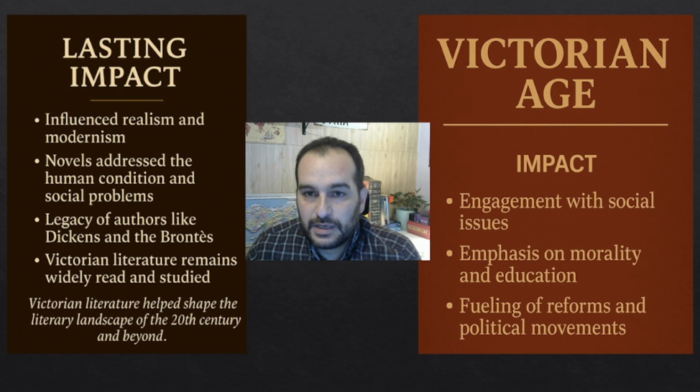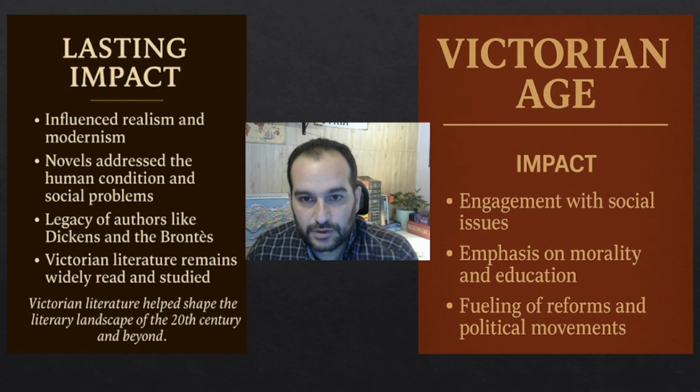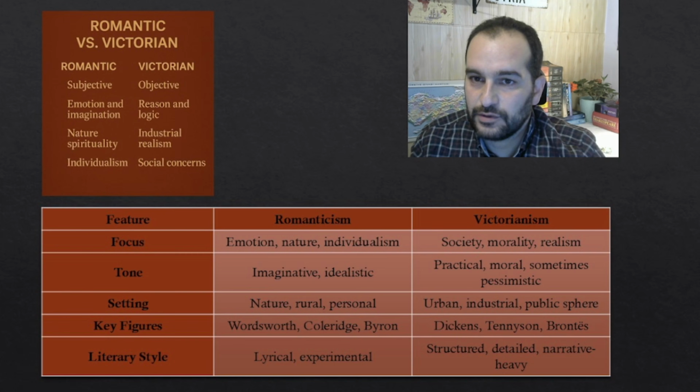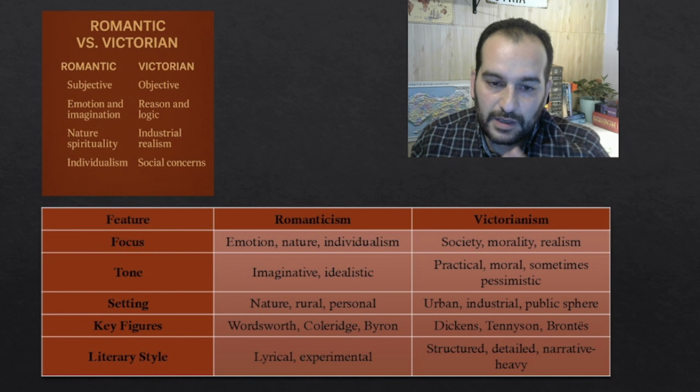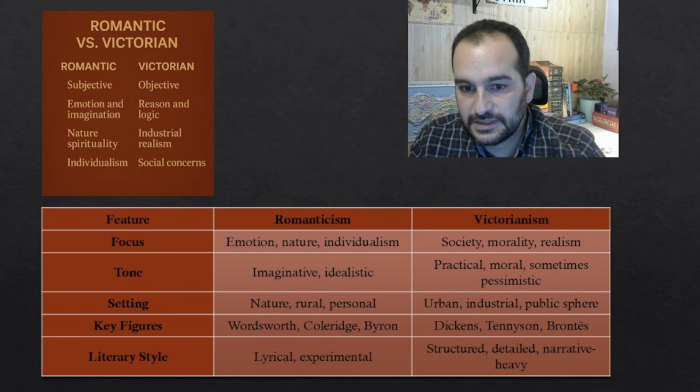So let's now get to compare Romanticism and the Victorian age as a recap. So let's get started with this. So as usual, let's have a kind of recap. Romanticism and Victorianism. Let's start with focus. We can say that Romanticism focuses on emotion, nature, and individualism.